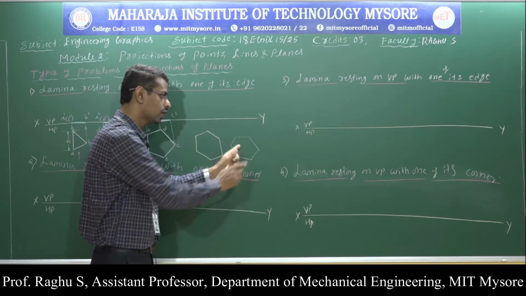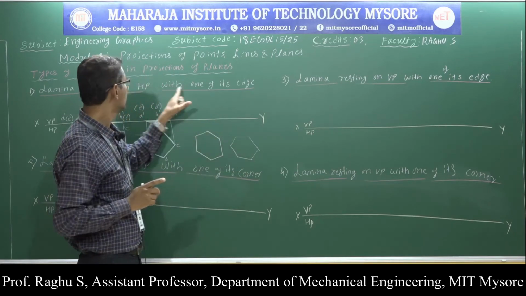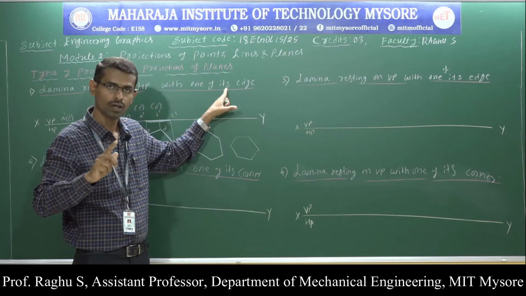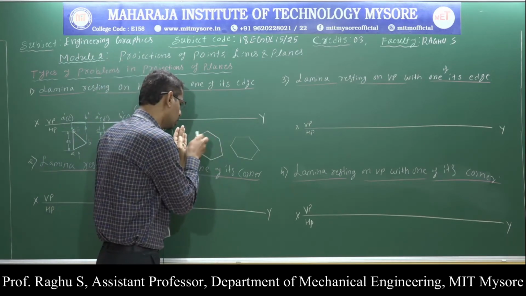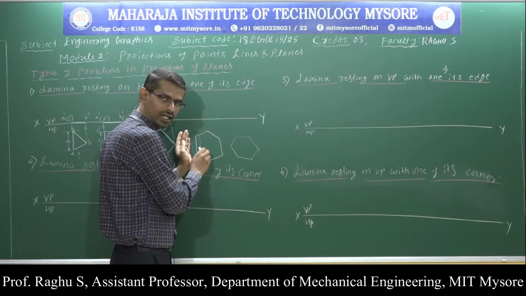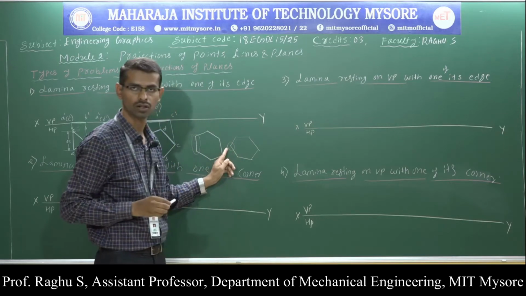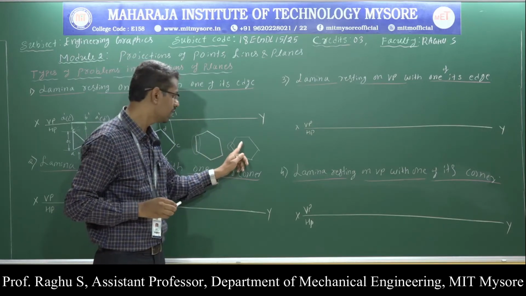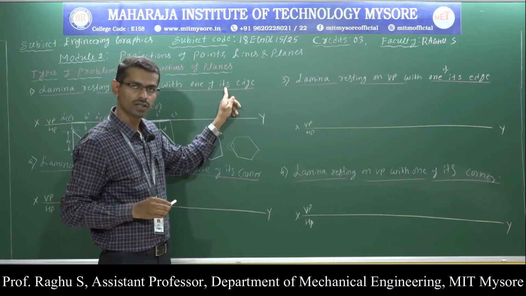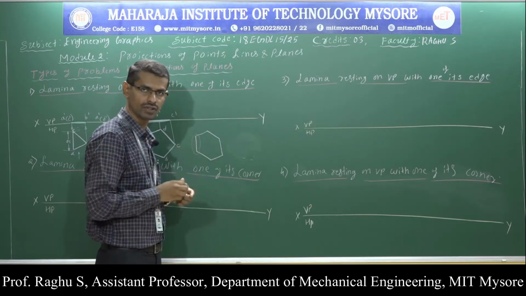The lamina is resting on HP with one of its sides. On the left side here we have a corner resting condition, not the side or edge resting condition. So this is the wrong diagram as per the given condition. The left side condition is the resting condition.